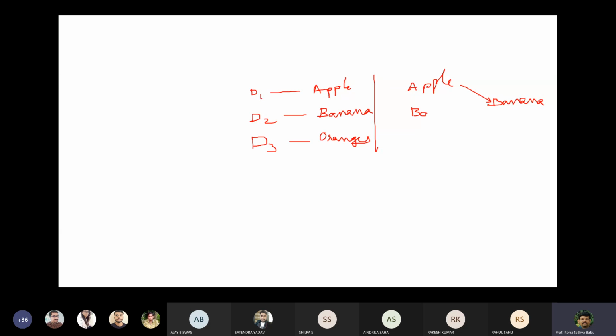The day you have taken a banana, the next day you have to take an orange. The day you take an orange, you have to take an apple the next day. This is the sequence.